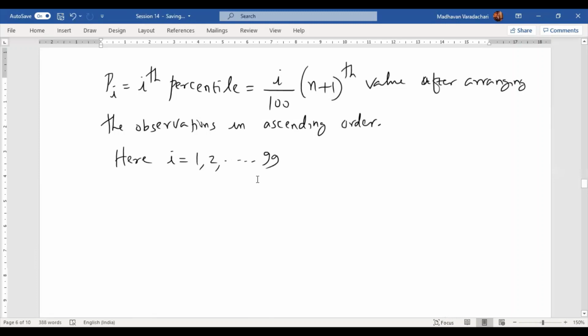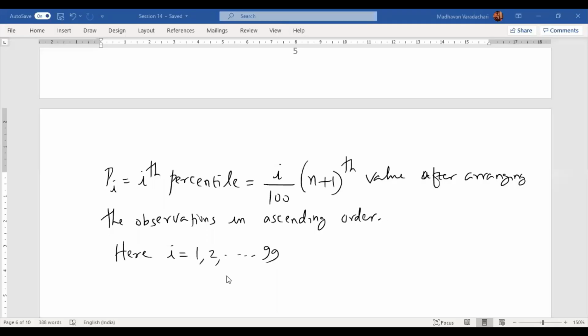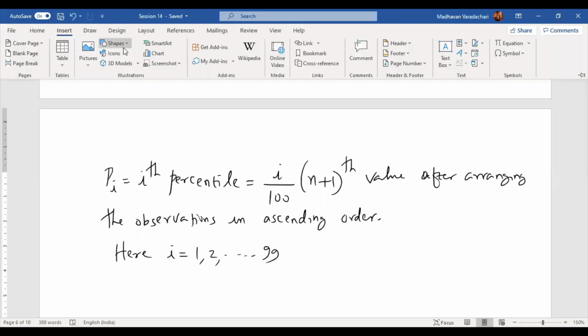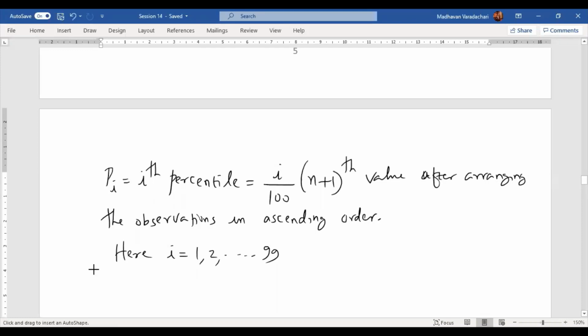So quartile is up to 3, decile is up to 9, percentile is up to 99. So with this understanding, we will now move on to solve some problems.